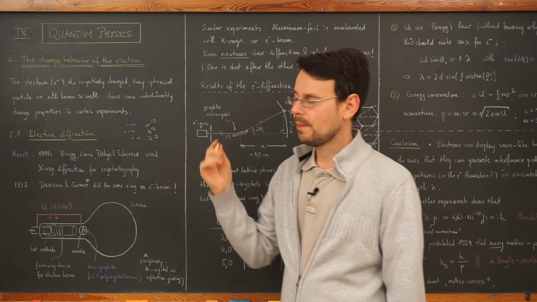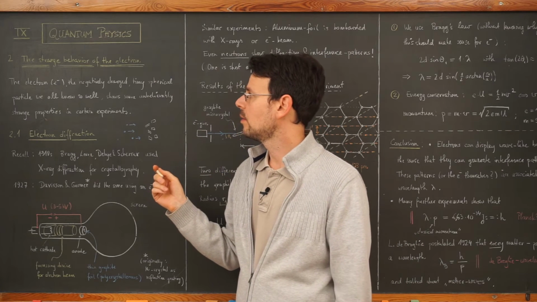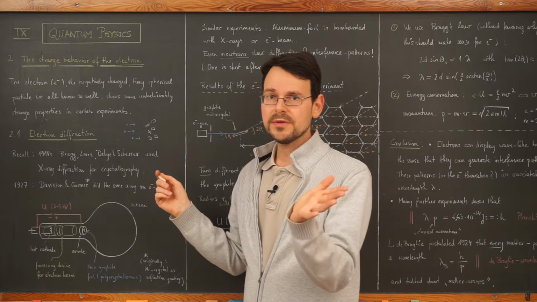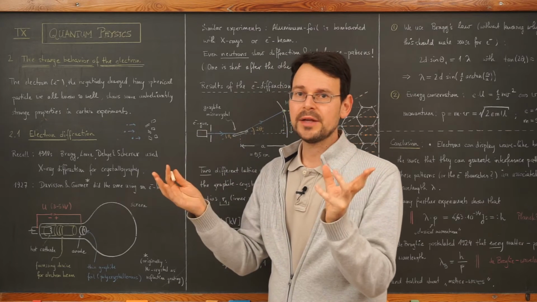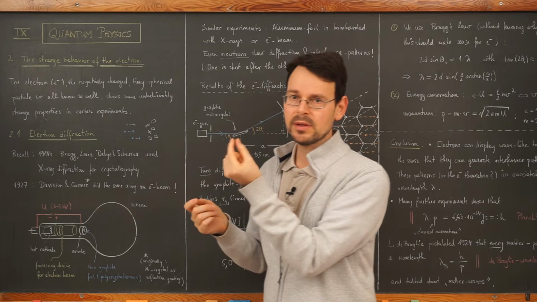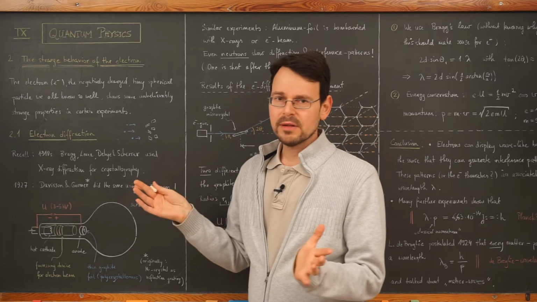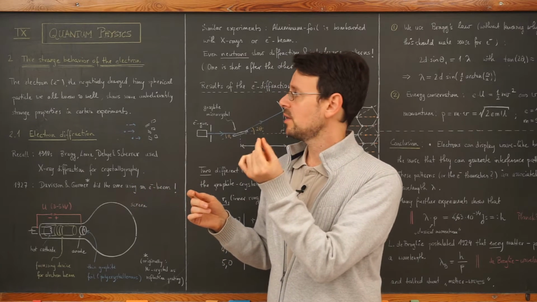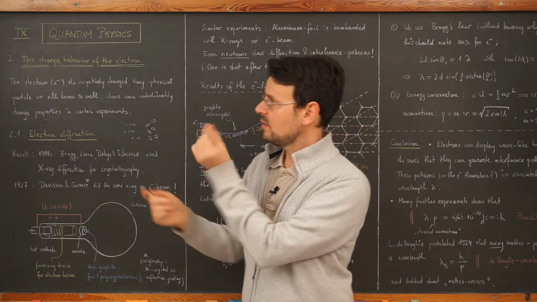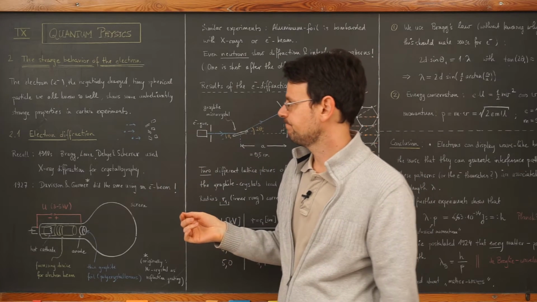What is your first association when you hear the word electron? Well, I myself think of a very tiny particle that is negatively charged, maybe even spherical, that moves around like a little charged bullet.